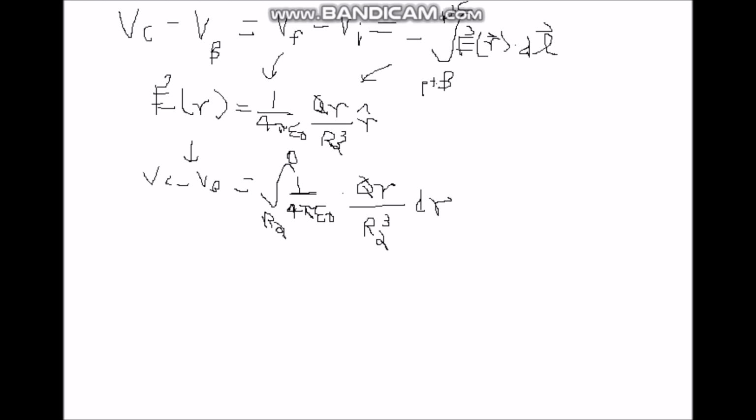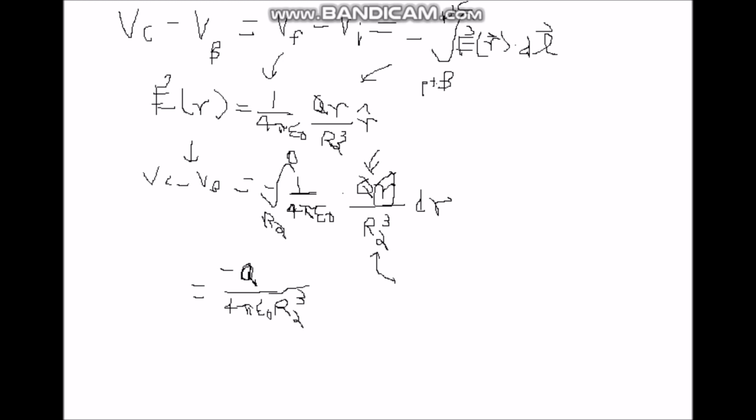We know that pi is a constant, epsilon naught is a constant, Q is a constant, R2 is a constant, and the only thing that's not constant is r. So we can pull everything that's constant out of the integral and get, remember our negative, I almost forgot the negative, negative Q over 4 pi epsilon naught R2 cubed.